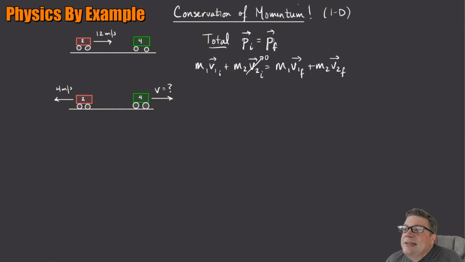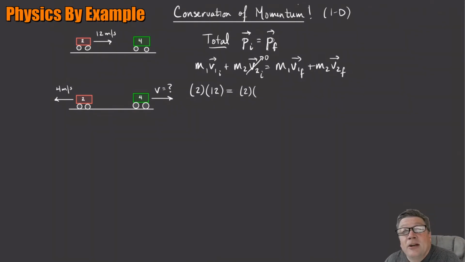Let's see what happens. This is going to be 2 times, actually, let me put them in parentheses. So I got 2 times 12. I'm going to leave off the units just so it'll make the numbers a little bit clearer. The second term is 0, right? And then I got M1 V1 final, so I got a 2 V1 final.